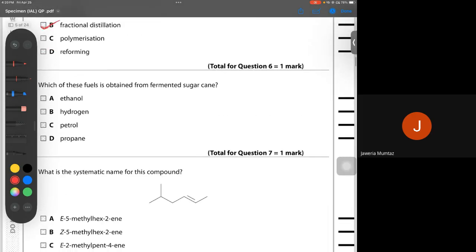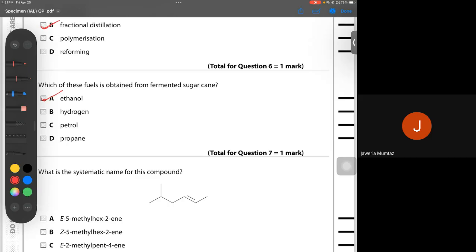Which of these fuels is obtained from fermented sugar cane? Of course, you must memorize the chemical reactions and their products. If you remember, we used to discuss fermentation. In fermentation, we had glucose breaking down in the presence of yeast, a biological catalyst. And what was the condition? Anaerobic condition. Anaerobic means that there is no air, there is no oxygen.